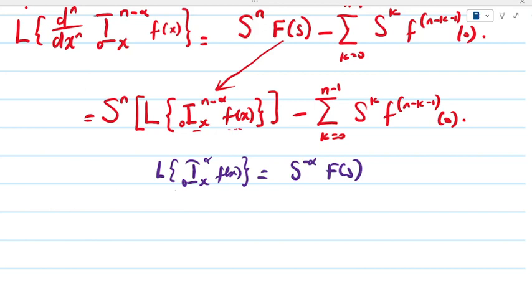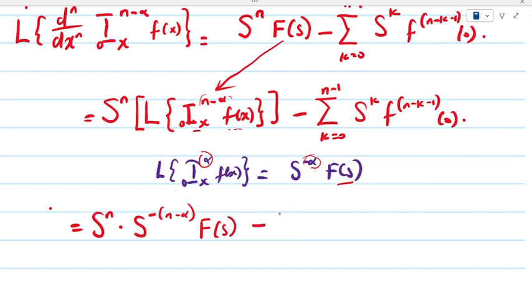Applying that, we are going to have s^n, then s raised to the power minus alpha, here we have n minus alpha, so minus (n minus alpha), times the Laplace transform of f of x.